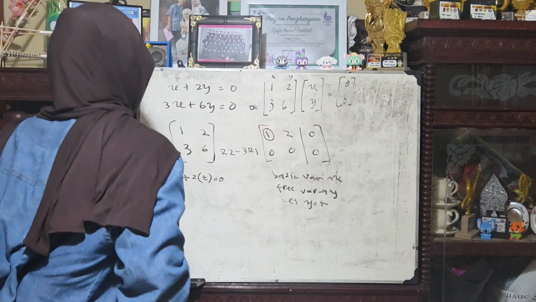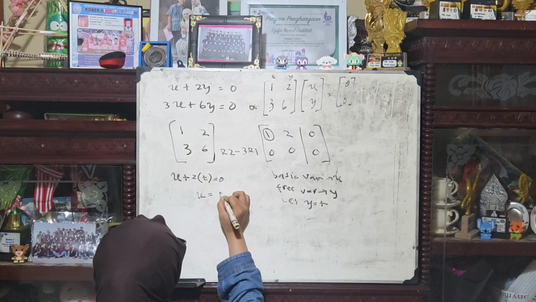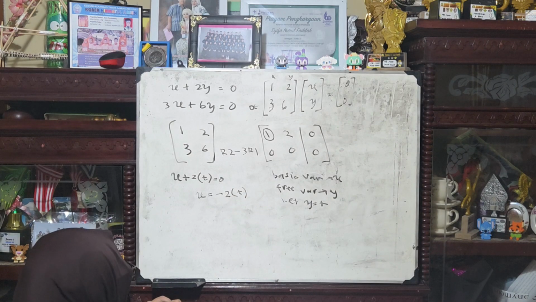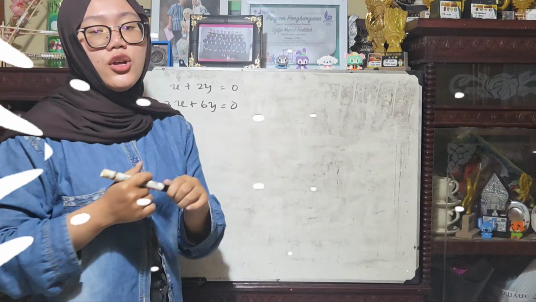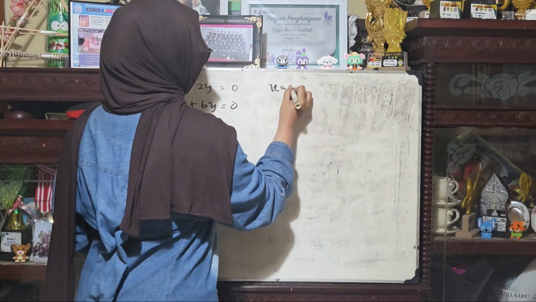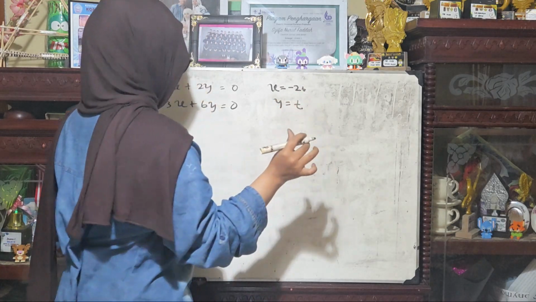And we can perform things like this. x equals minus 2t. So from what we have calculated before, we have x equals minus 2t and y equals t.